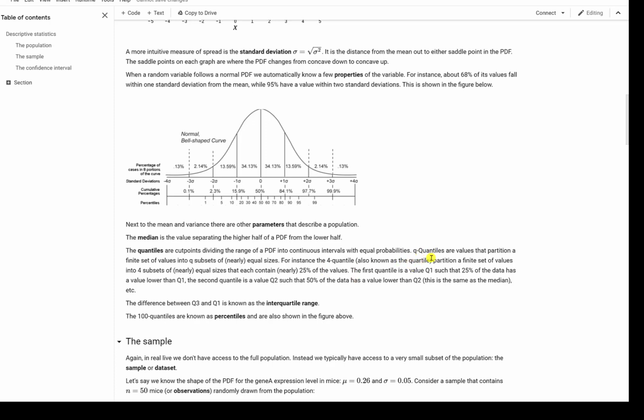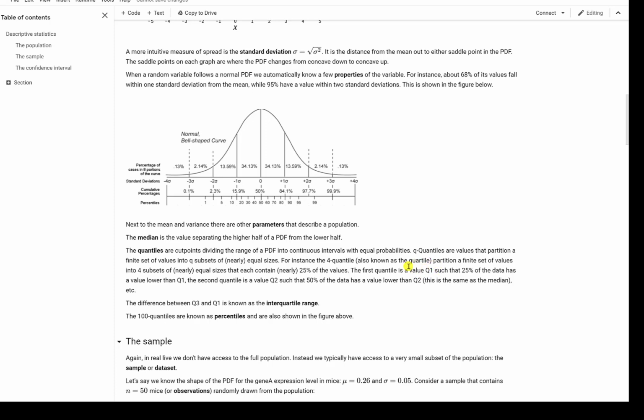So in this case we have 4 subsets of the data, and each of those subsets contains nearly 25% of the values. Right? So for the first quantile, known as Q1, from that value we know that 25% of the data has a value lower than this Q1.